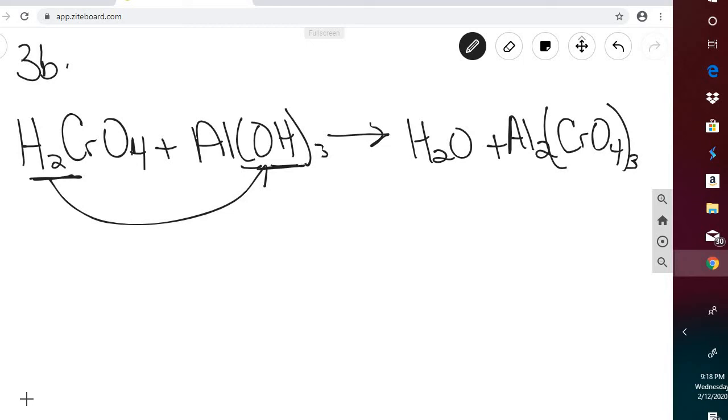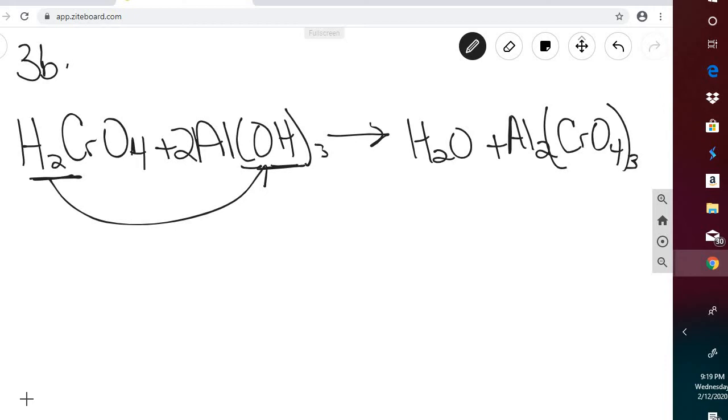So now we balance it. So the aluminum, we'll put a 2 there to take care of the aluminums. And then we have 2 plus 6, we have 8 hydrogens over here.